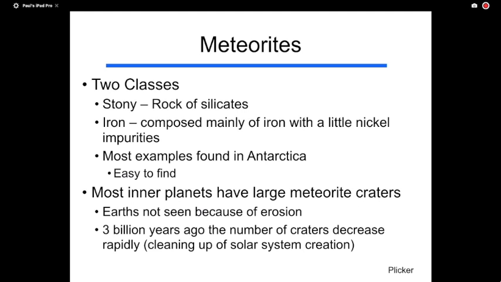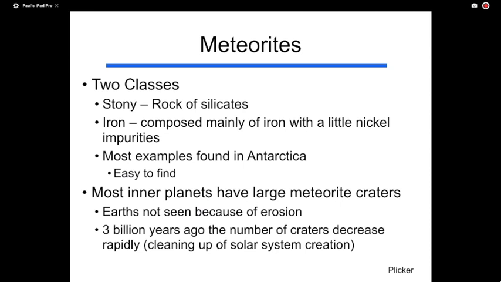So the Earth should look like the moon in terms of lots and lots of craters, but because of tectonic motion and erosion, we don't see a lot of those craters anymore. On the moon, there's no erosion, and so if there's an impact, we'll see it for the rest of time. And so we can see those kind of craters.